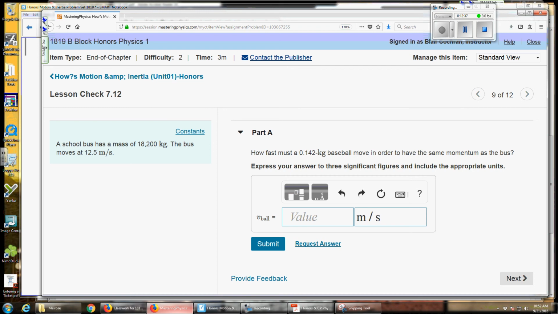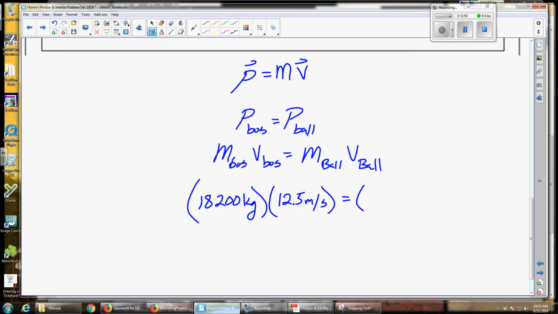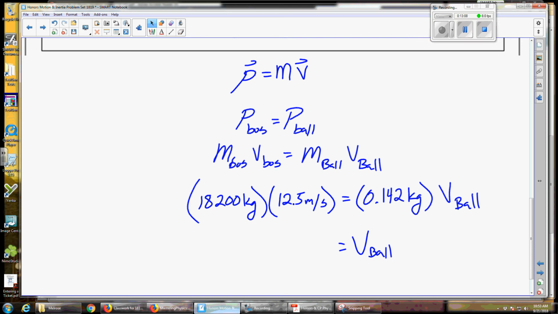One of the common things is, Mr. Cochran, I got it wrong, even though I did exactly what you did. Well, because you did it for your numbers, I did it for my numbers. So be careful of that. Okay? 0.142. And then I don't know what the speed of the ball is. Oh, but I can solve for that. And I'm going to trust that you guys can do the algebra that's there, right?